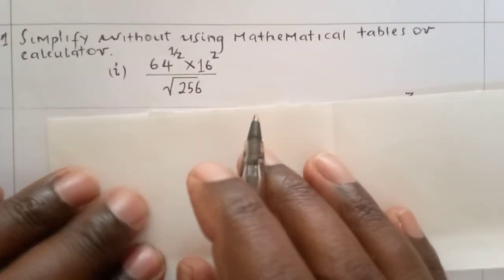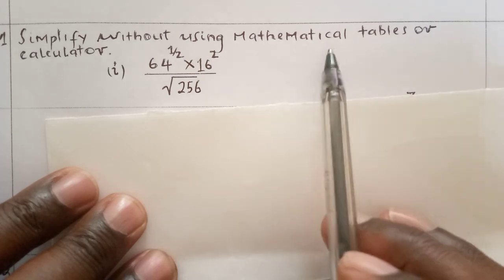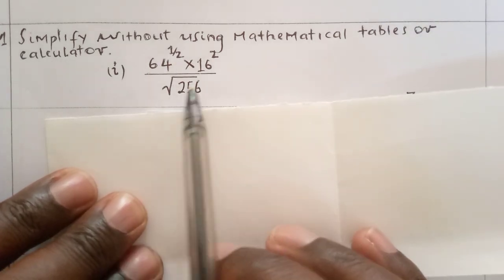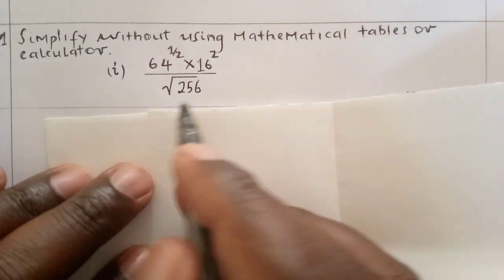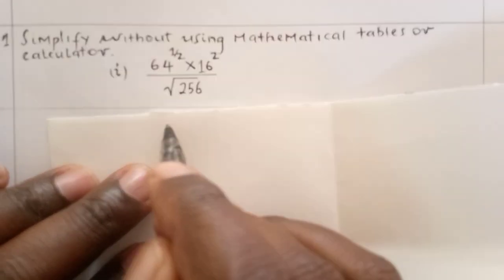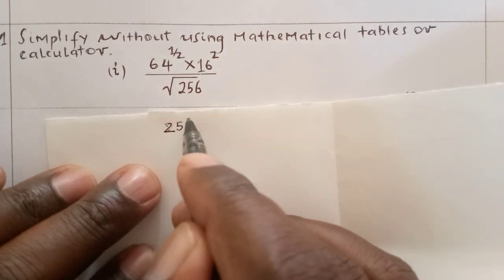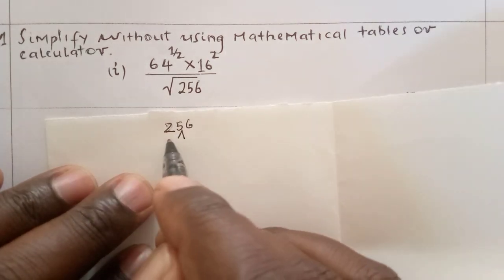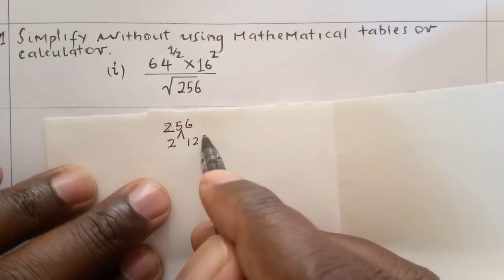Here is our first question, which reads, simplify without using mathematical tables or calculator. So you are given such a question. How do we go about it? We can look for factors of 256. Dividing by 2, that would be 128.